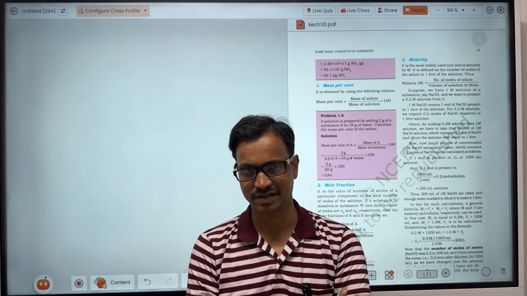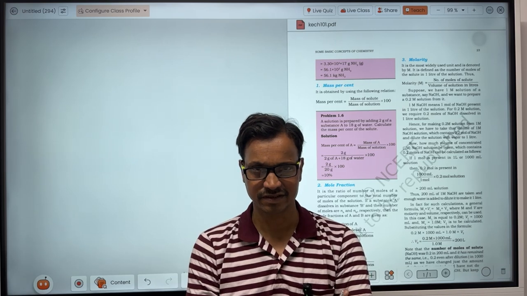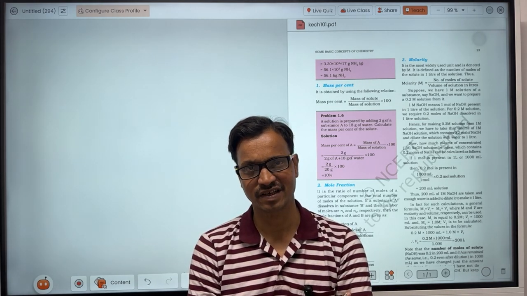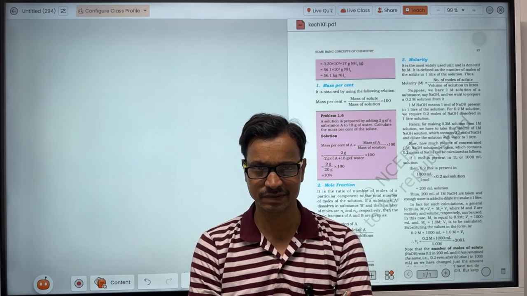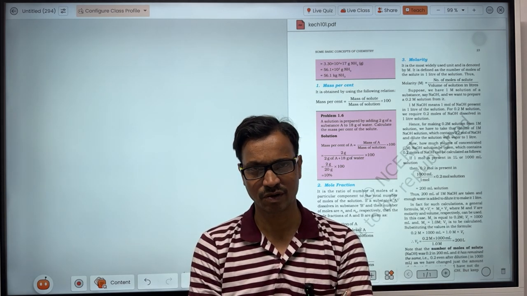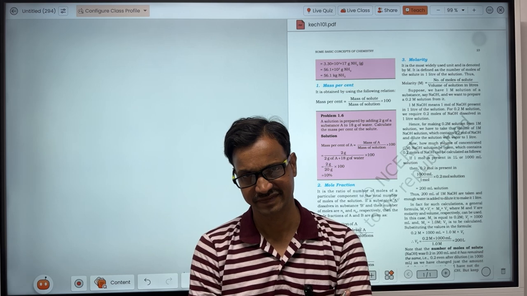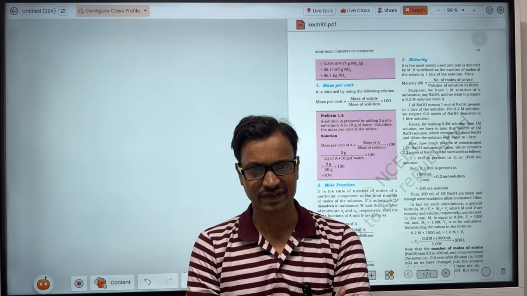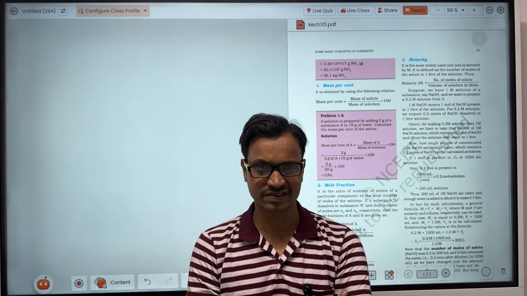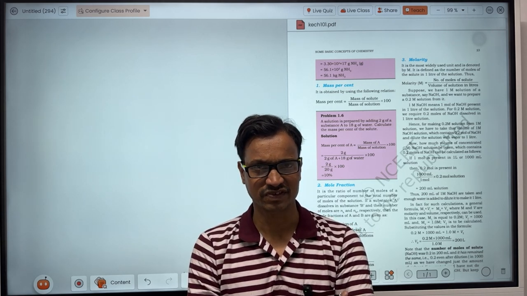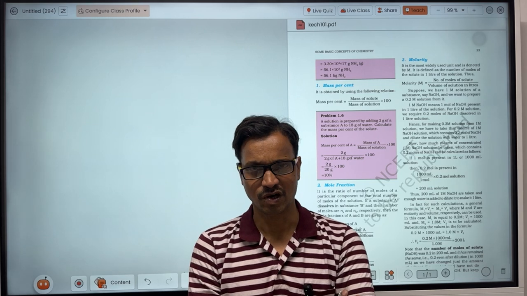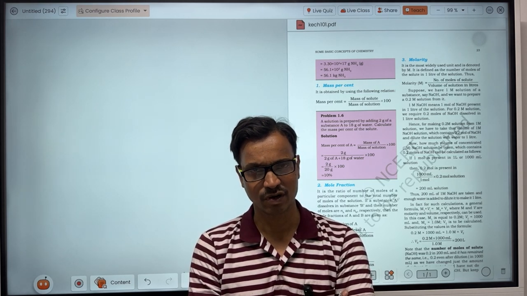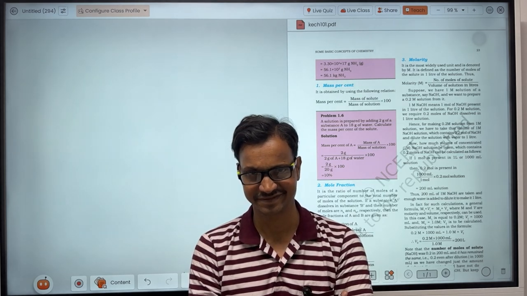Profit percentage means if an investor invests rupees 100, then how much amount he will gain, that will be the gain percent or profit percent. In the same way, if a shopkeeper has bought an article at a cost of 100 rupees, then how much amount he has suffered, that will be called the loss percentage.